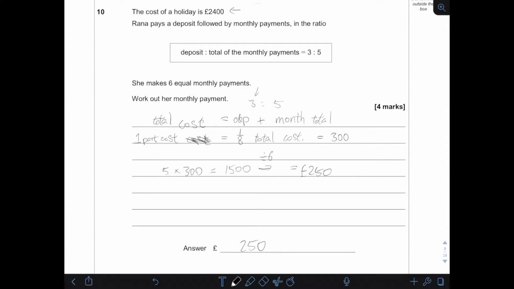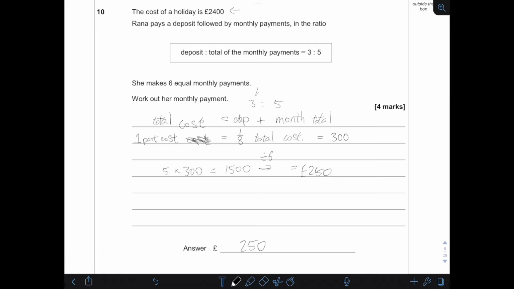So I'm going to try to explain this again from scratch. You started with 2,400. You split it into 8 equal parts, and you put 3 parts of that into your deposit and 5 parts of those as your monthly payments. And each of the parts is worth 300.